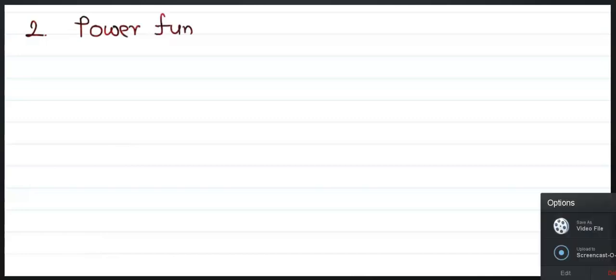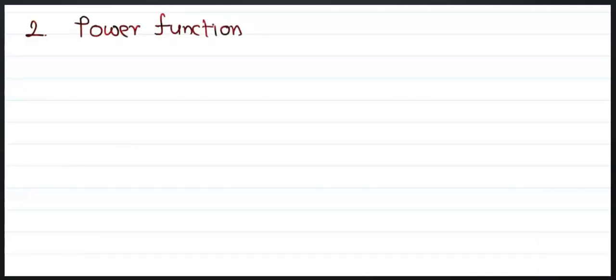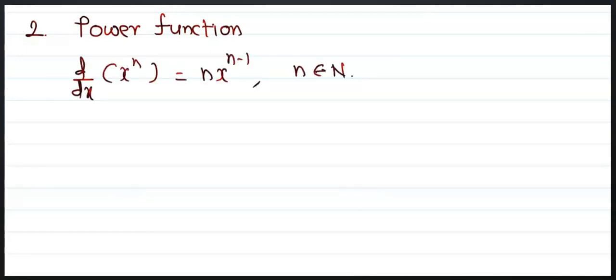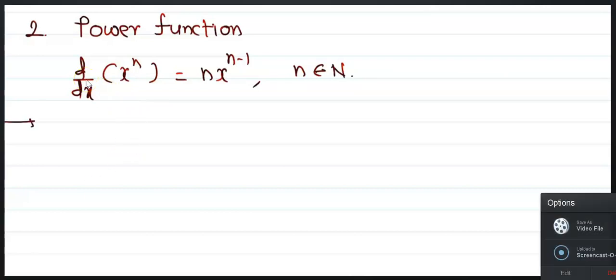Next, the derivative of the power function, that is d/dx of x raised to n. This is a very important formula. The derivative of x raised to n is equal to n into x raised to n minus 1. याचा अर्थ काय की x raised to n, n हा कुठलाही नंबर असेल, and here I treated n as belonging to the set of natural numbers, but we'll take different types of examples afterwards.